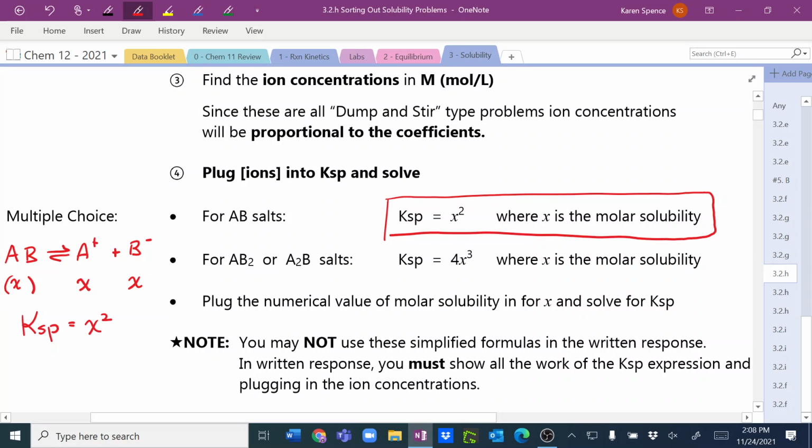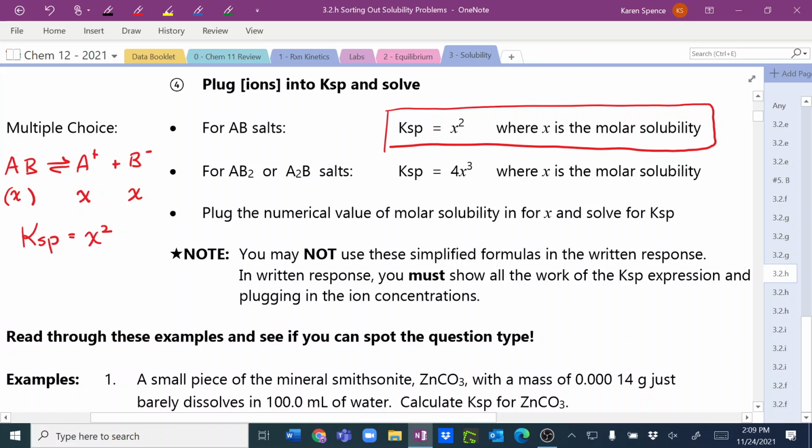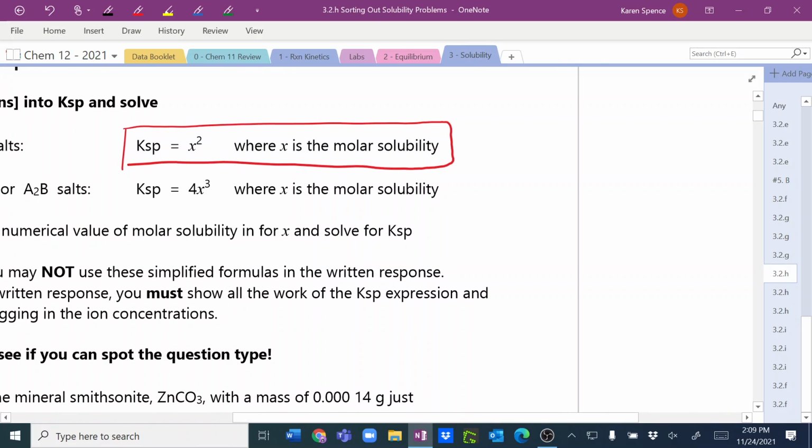You can do the same thing for a 2-to-1 ratio compound. So let's say that you had, do I have room to write it there? No, I don't. So we'll write it over here.